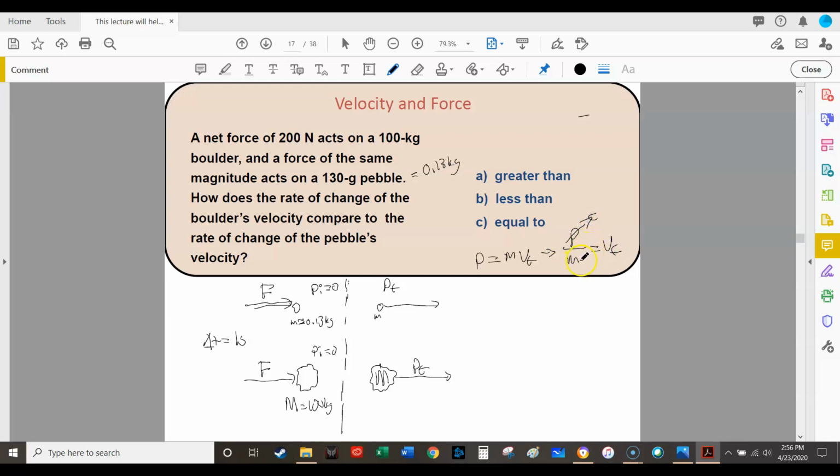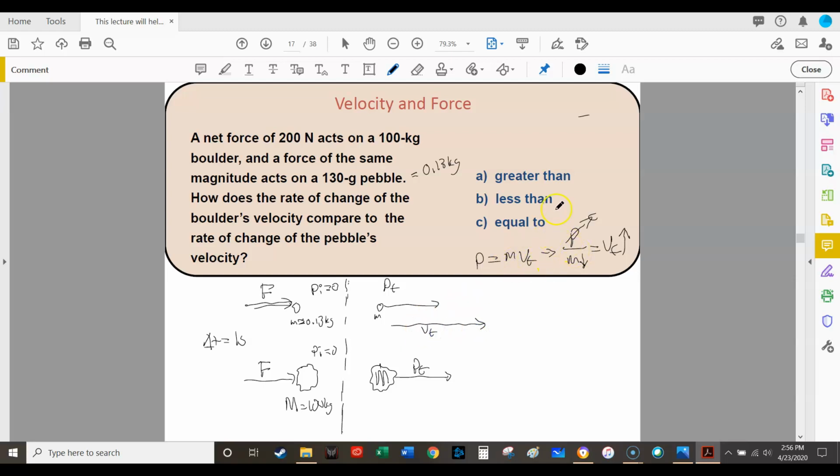But if you've got a pebble with a small mass, in order to have the same momentum as a larger object, you have to have a higher velocity. So I'm anticipating that its velocity vector is going to be huge.